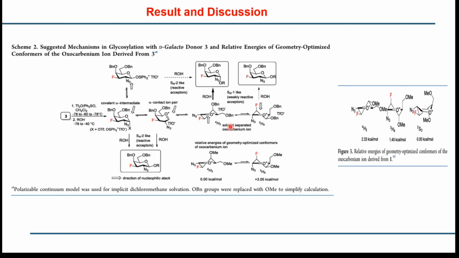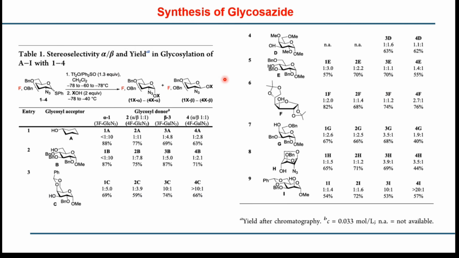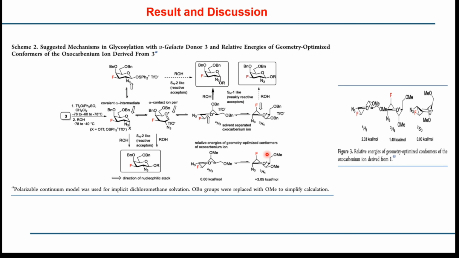So that's why this will give the SN1-like mechanism, and alpha will be more, like in case of this 7, 8, and 9. And this intermediate is not stable, so it will not give the beta.